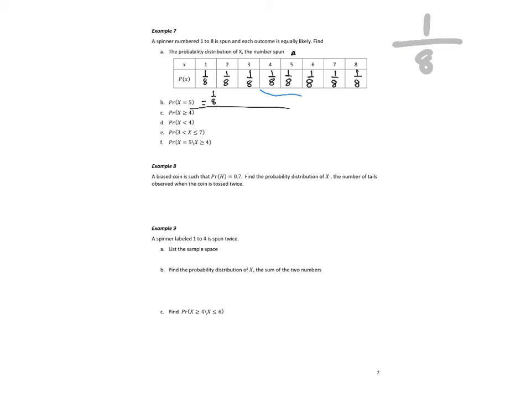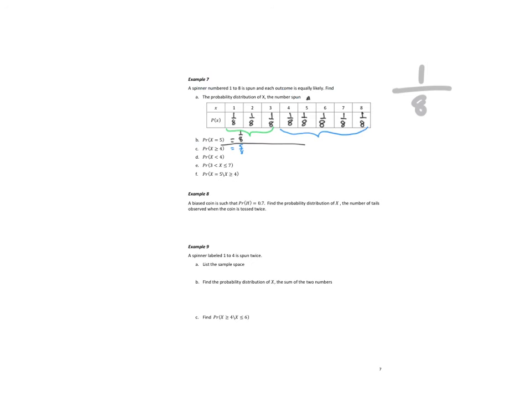Those are the 5 numbers there, and each of them is 1/8, so that's 5/8. The probability that x is strictly less than 4 are those 3 numbers, the probability of a 1, a 2, or a 3. That's equal to 3/8.